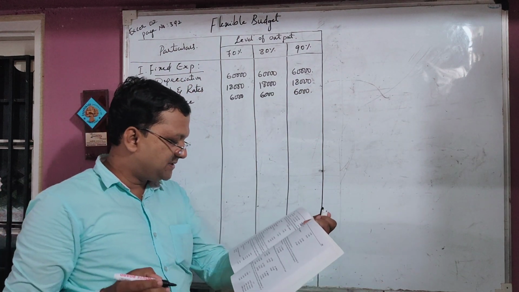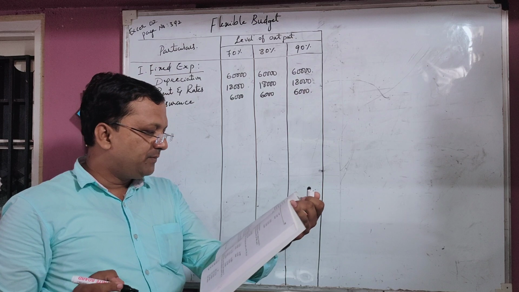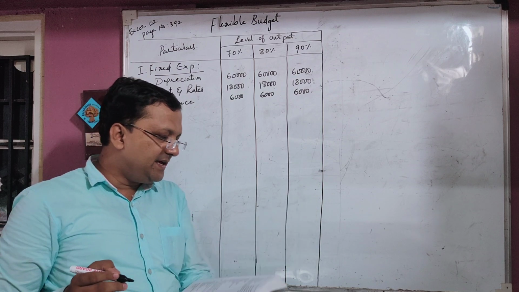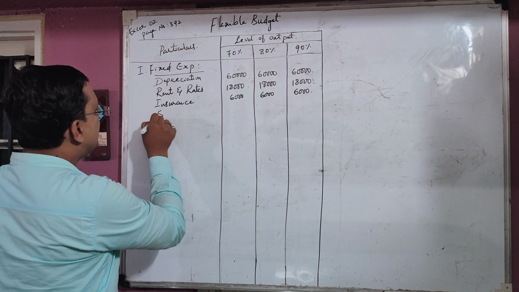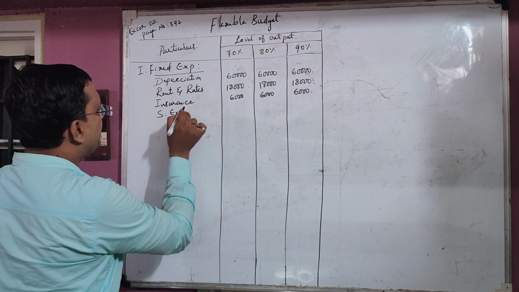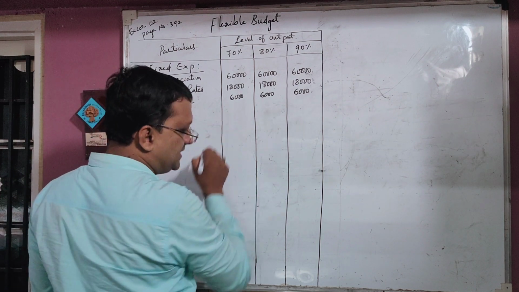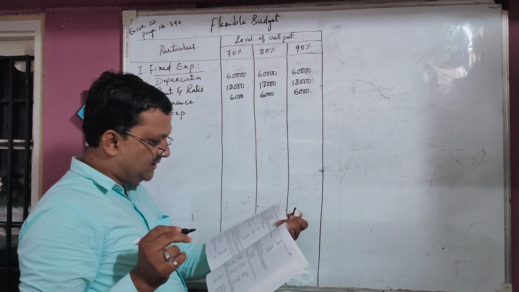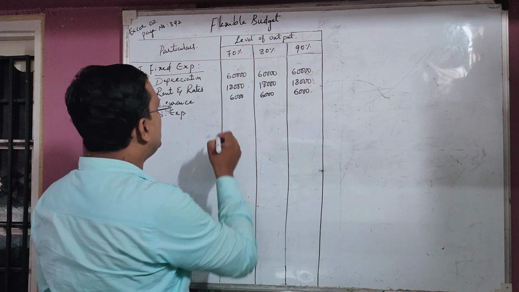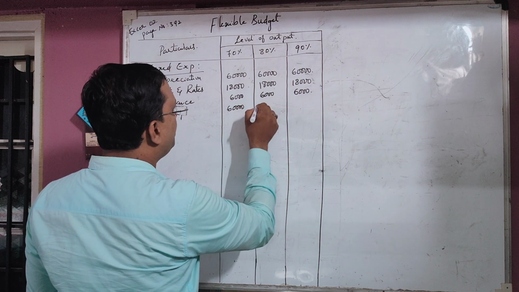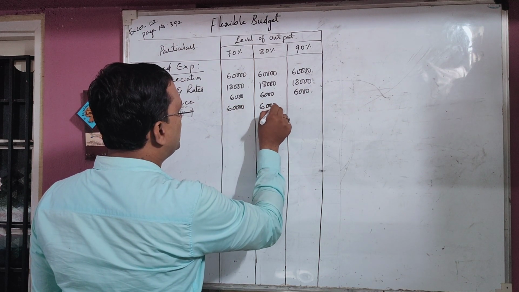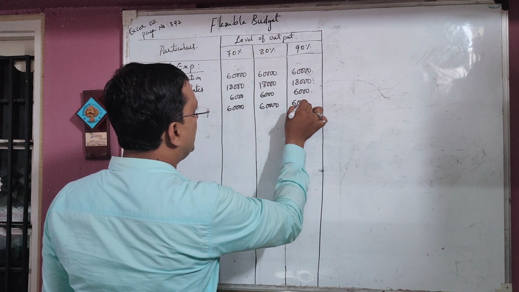That is also common expenditure of fixed nature. Next, sundry expenditure 60,000 they have given. That is also fixed in nature. Sundry expenses 60,000. First column 60,000, second column also 60,000.